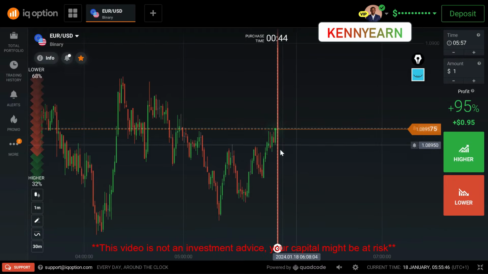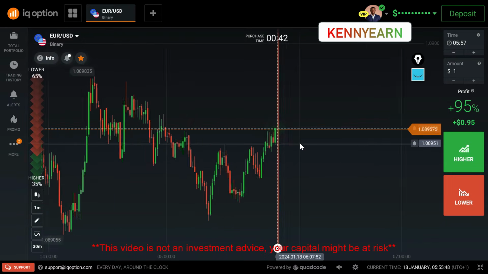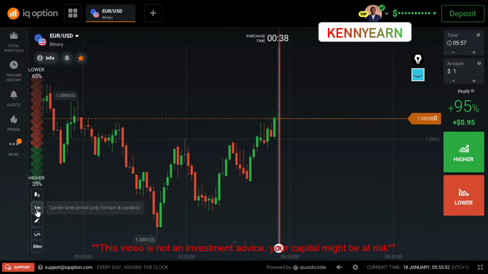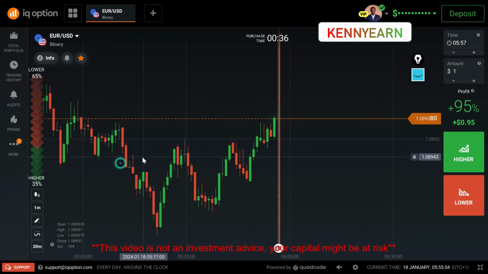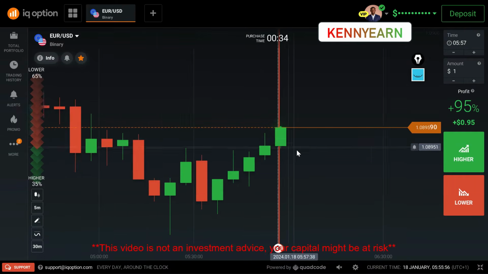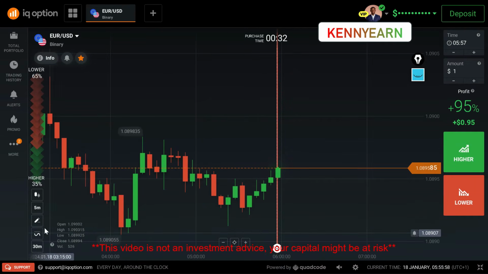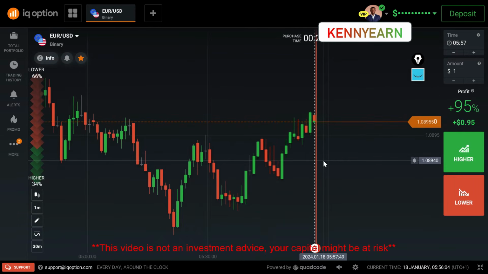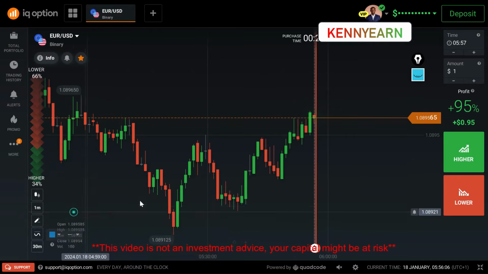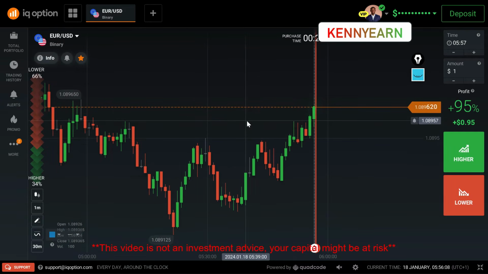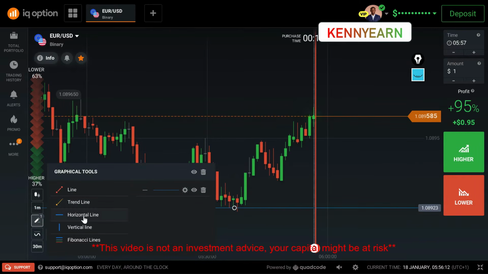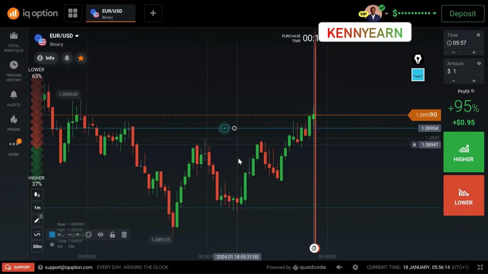So after knowing how the interface works, the next thing is to be able to analyze the market, to take some trades. So like I said, you can trade for 1 minute, for any amount of expiry time and all that. So this is where you select horizontal line to analyze the market.